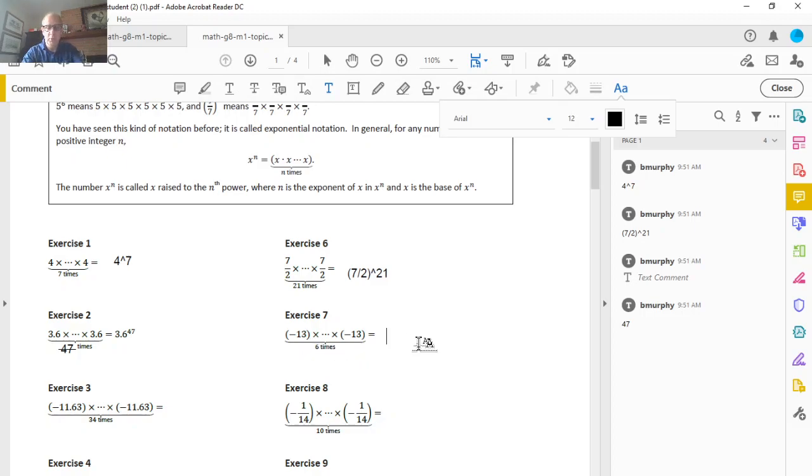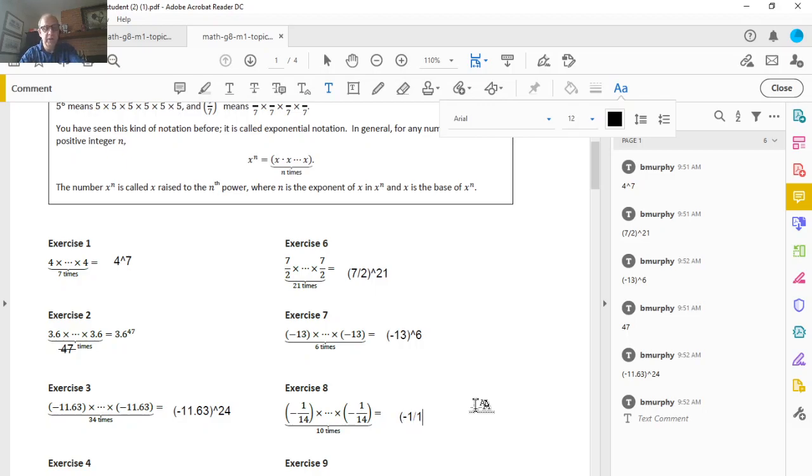So I'm going to put my parentheses around it: negative 13 to the power of 6. This one is negative 11.63 to the power of 24. And then this one would be negative 1 over 14 to the power of 10.